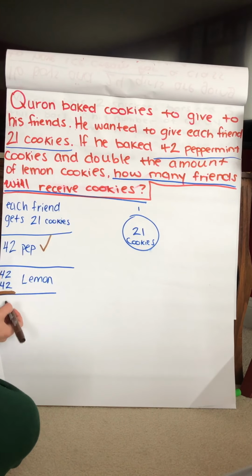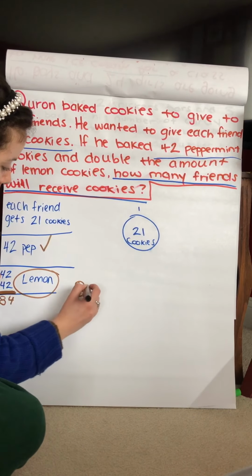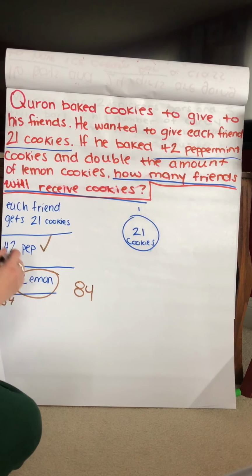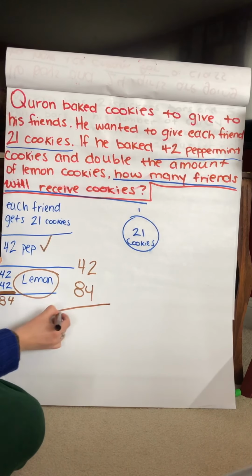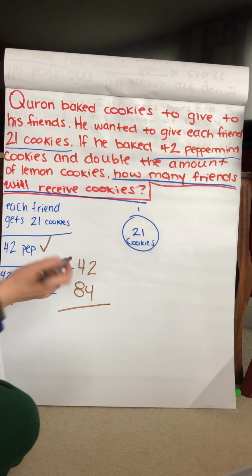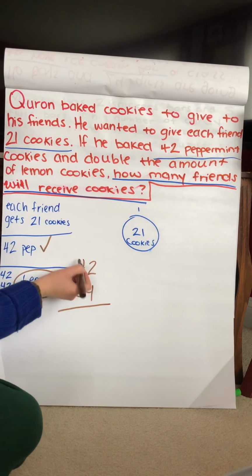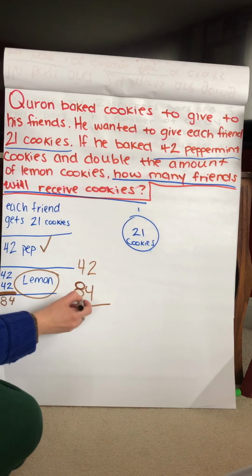We know that 2 plus 2 gets us to 4, so we carry that down. And we know that 4 and 4 gets us to 8. This means in total, we have 84 lemon cookies, and we have our 42 peppermint cookies. You cannot forget that this is the number of peppermint cookies we have, and this is the number of lemon cookies we have. So we still have some math to do.